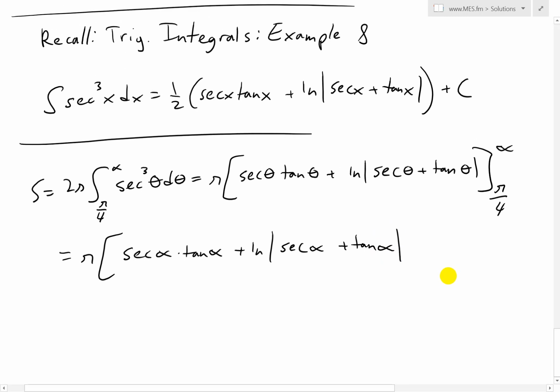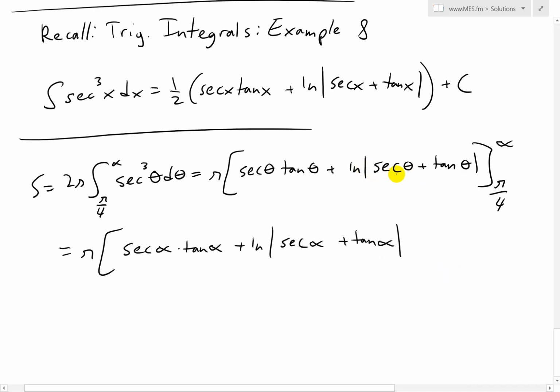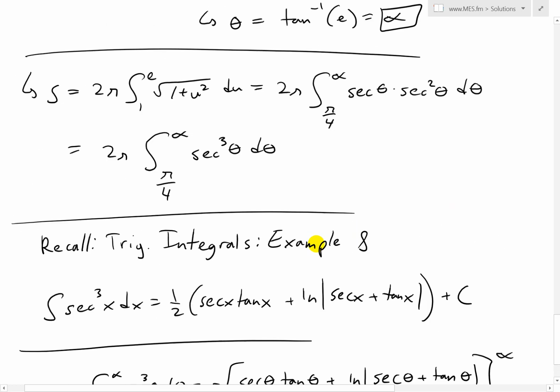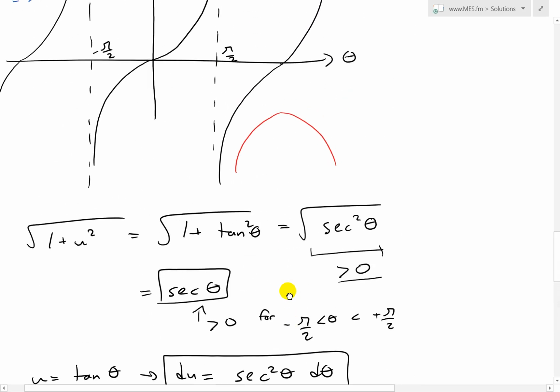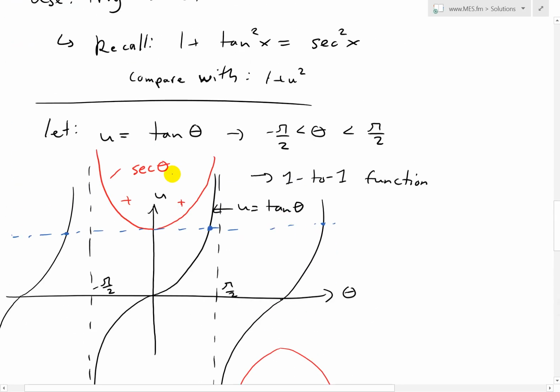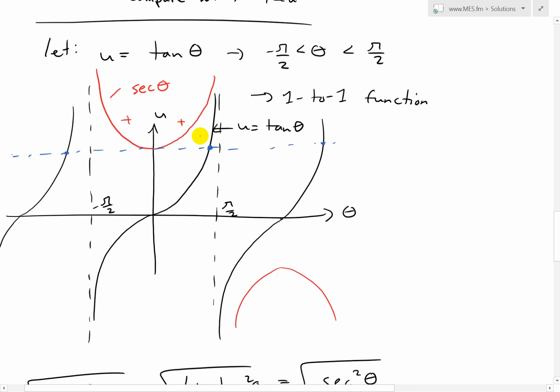Before continuing further, I just want to go over this absolute value sign. Since we're dealing with secant and tan theta right here, let's scroll all the way up. Secant theta is always positive in this interval, and for tan theta, since e is a positive number, whenever this is positive, the angle is also going to be positive. So in this case we'll have alpha somewhere across here.